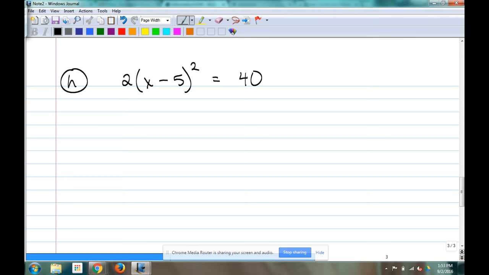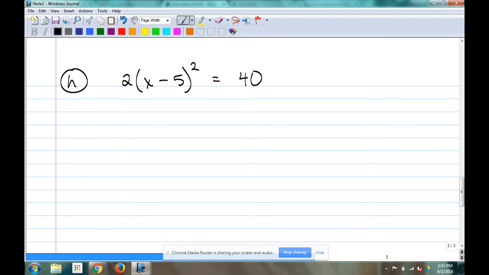What's the squared part in that problem? The parentheses, that whole parentheses is the squared part. So we want to get that parentheses by itself. So what would we do to get the parentheses by itself? No. Can't do distributed property because order of operations says the exponents would have to happen first.